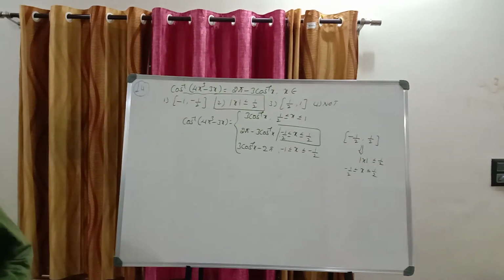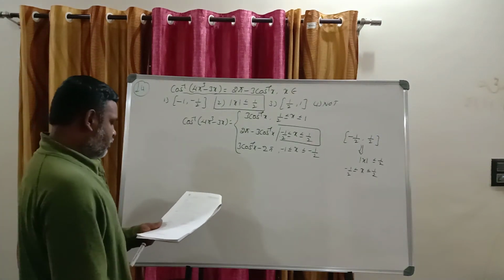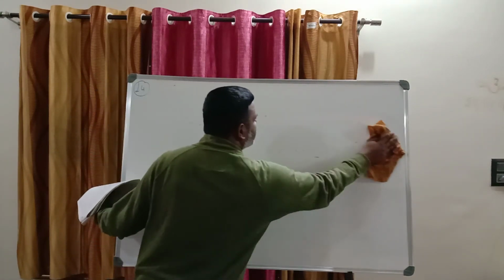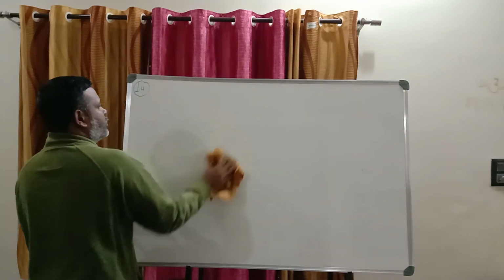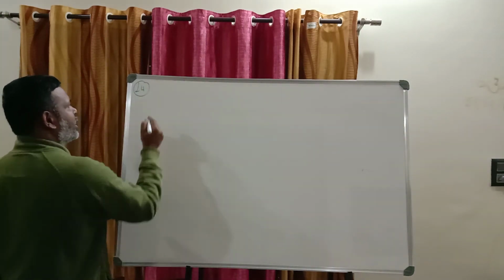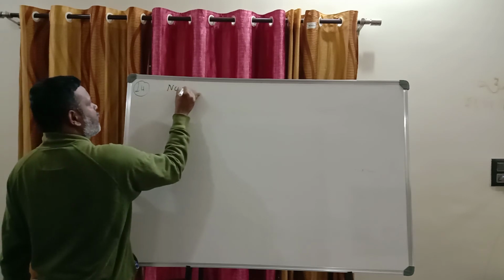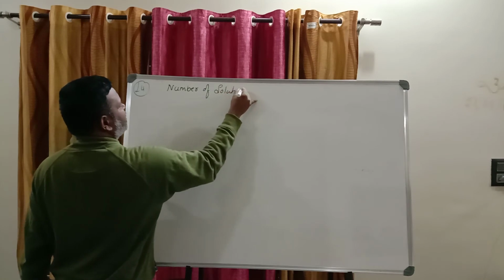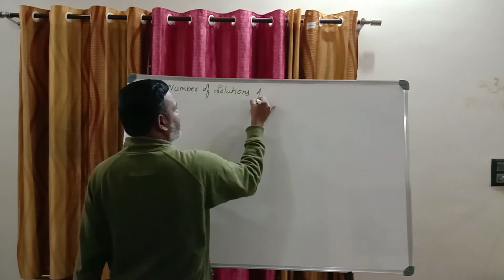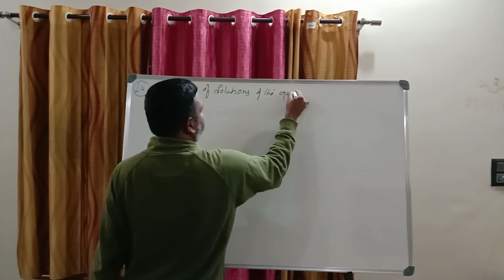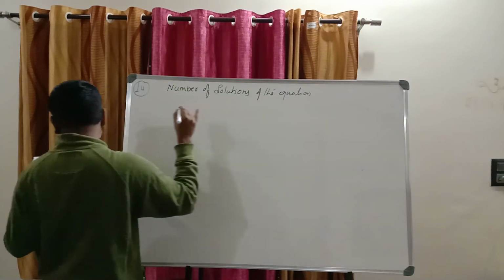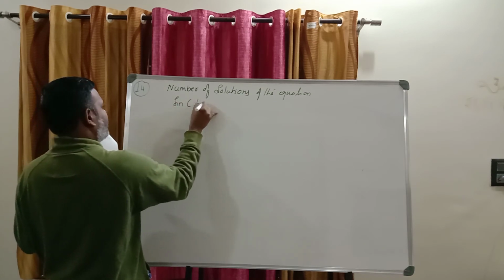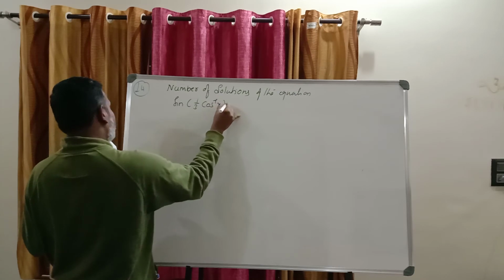Let's look at another question, children. It is very simple, pay attention. Number of solutions of the equation: sin of 1 by 3 cos inverse of x is equal to 1.